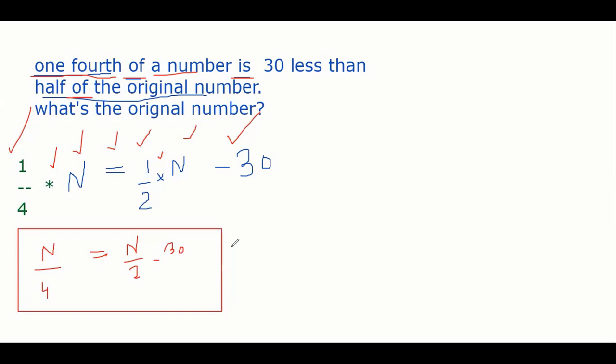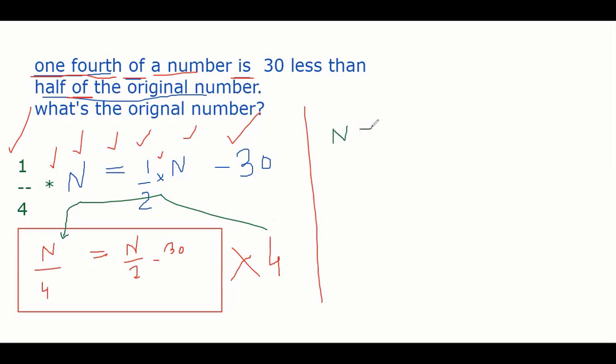Multiply this equation everywhere with 4. Now tell me, when you multiply n by 4 with 4, what do you get? 4n by 4. 4 and 4 cancel, right?